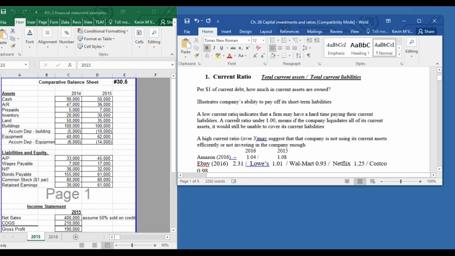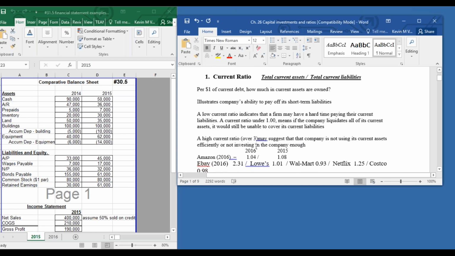A low current ratio, anything under 1, means you have more debt than you do current assets to pay those debts. So you may struggle at times to perhaps meet payroll, to perhaps meet a due date for a bill.